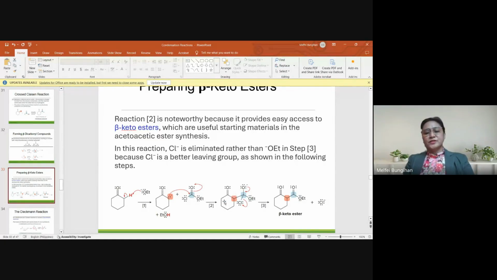So beta keto esters from an elimination process. So this is basically the way by which we prepare a lot of different beta keto esters. So easy access, useful in acetoacetic ester synthesis. Okay.